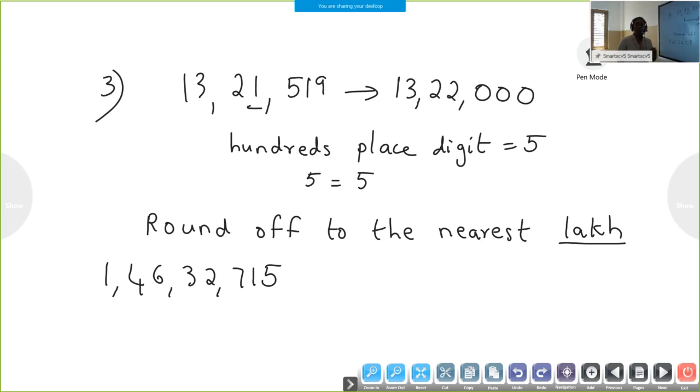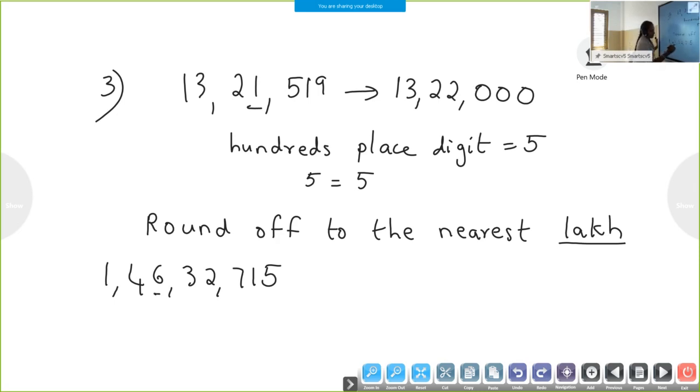Whichever place the question asks you to round off to, you have to follow the same rule. What is the first step involved? Here the question is to round off to the nearest lakh. We have to underline the digit in the lakhs place. Which is the digit in the lakhs place?